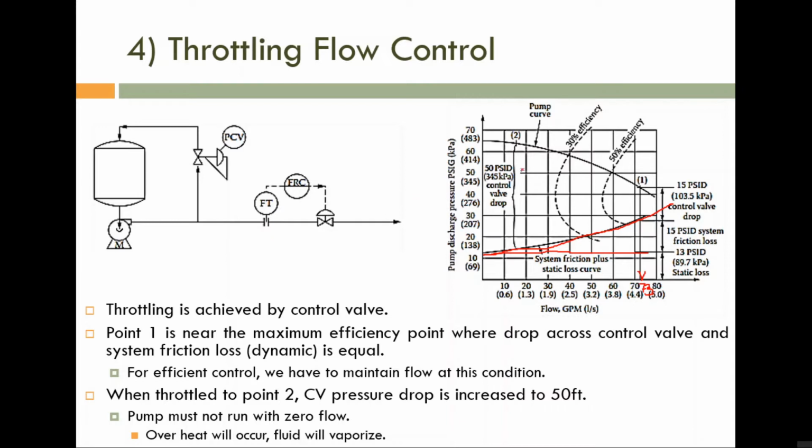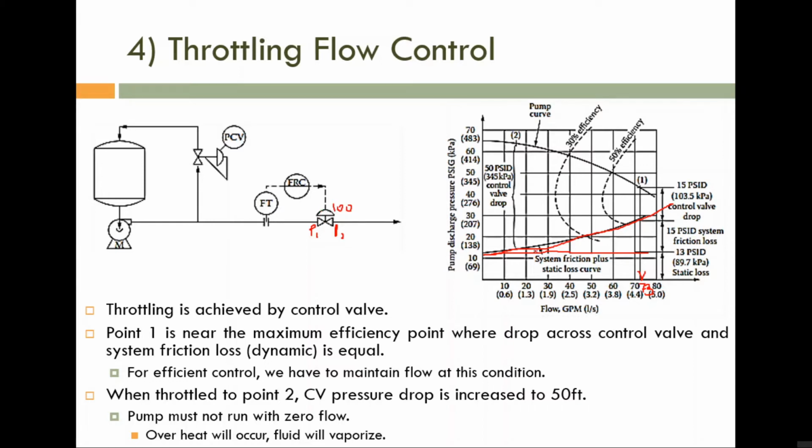Now what is happening with respect to this control valve? For convenience, assume that the control valve is 100% open. Even if it is 100% open, it will introduce some pressure difference. Here the pressure is P1, here the pressure is P2. Definitely P1 will not be equal to P2, so a pressure difference is there. So even at 100% open, the control valve provides a frictional loss.